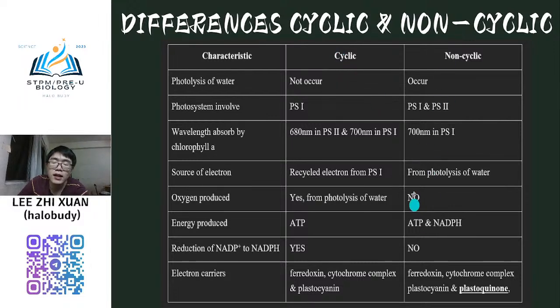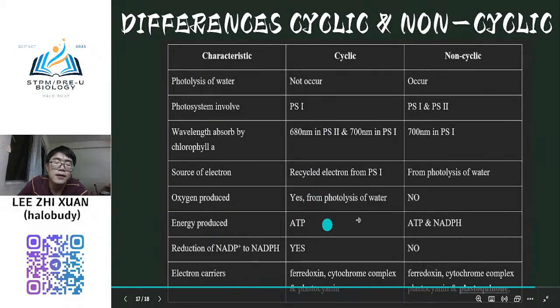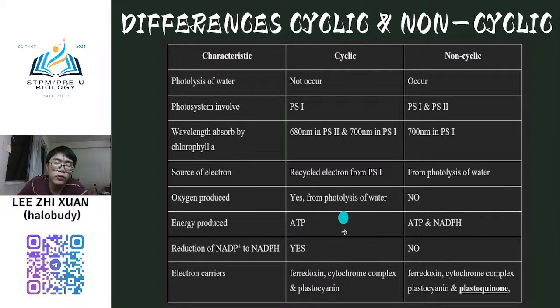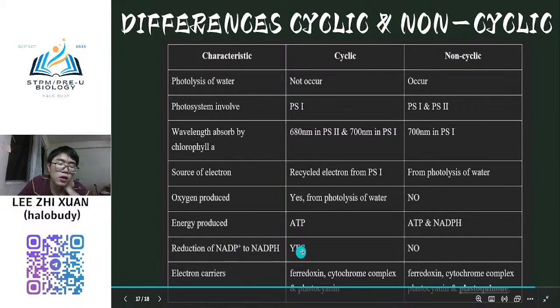Only non-cyclic will produce oxygen. Energy produced, both have energy produced, but cyclic only produces ATP, while non-cyclic produces both ATP and NADPH. And for reduction, this should be no for cyclic and yes for non-cyclic. Reversed.